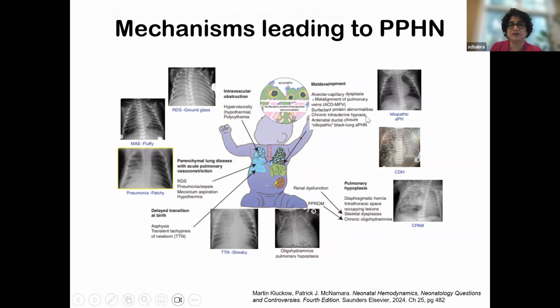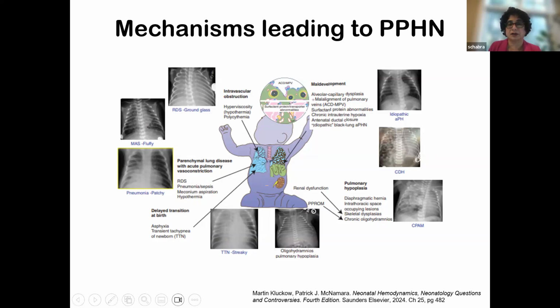You can have maldevelopment because of poorly developed lungs due to some disorders like alveolar capillary dysplasia with or without malalignment of pulmonary veins, surfactant protein abnormalities like protein B deficiency or ABC transporter deficiency, chronic intrauterine hypoxia, antenatal duct closure, and 20% of the time you can have idiopathic pulmonary hypertension.